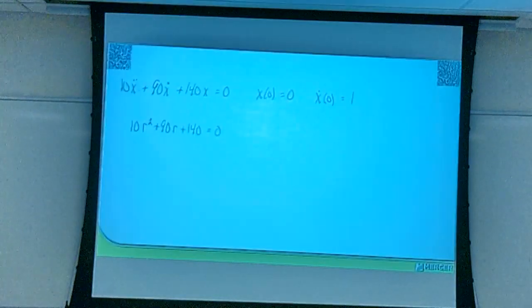There's your auxiliary equation, which we can simplify. You should get -7 and -2 as your roots.